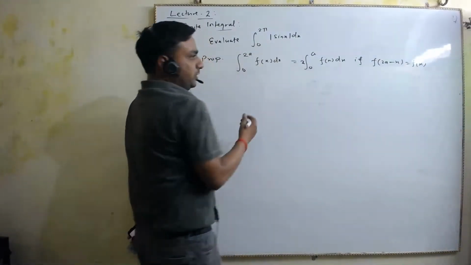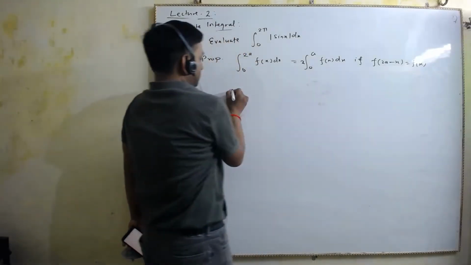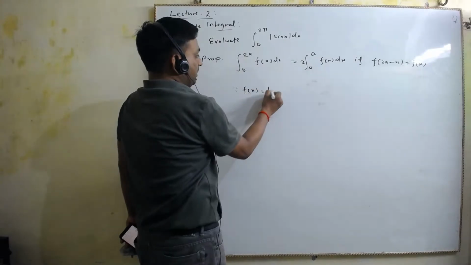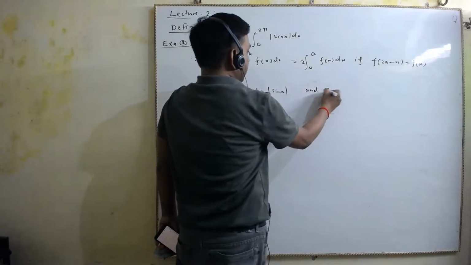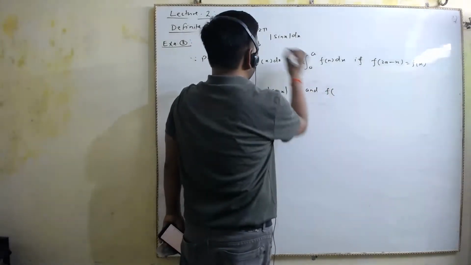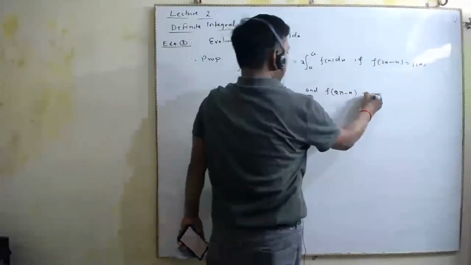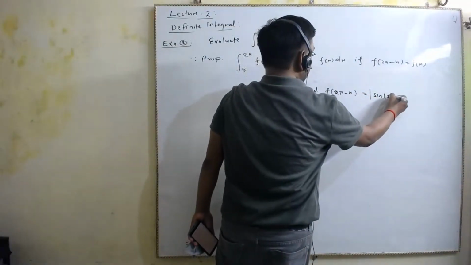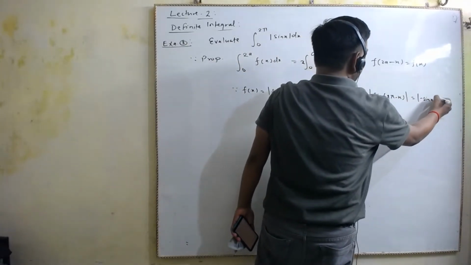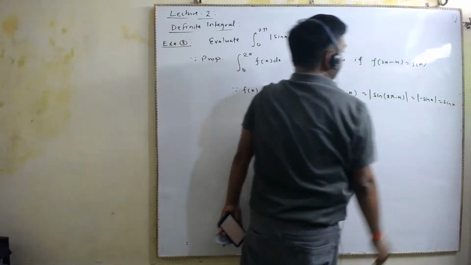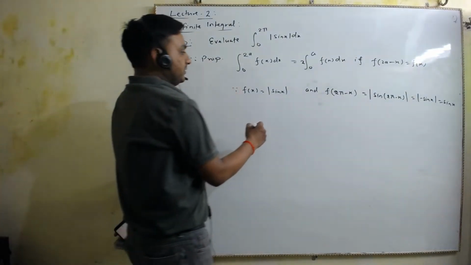So if I ask you about this limit 0 to 2 pi, f of x is modulus of sin x here. So f of 2 pi minus x will be modulus of sin of 2 pi minus x, that is modulus of sin x.